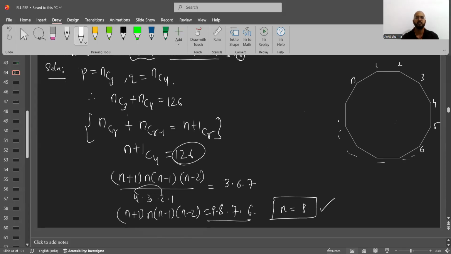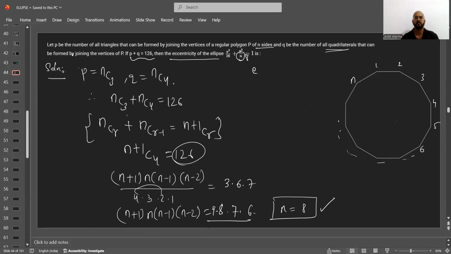So e square is going to be 1 minus b square over a square. It's going to be 16 minus 8, which is 8 by 16. So e is going to be 1 by root 2. So we found the eccentricity of the ellipse is 1 by root 2.